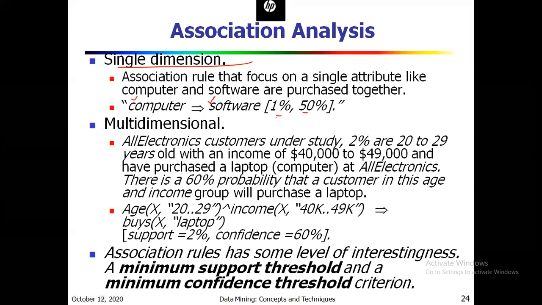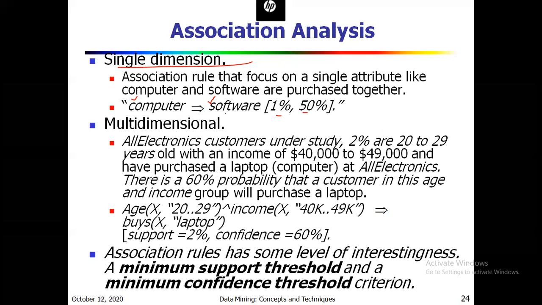Among all transactions, 1% are transactions in which computer and software are purchased together. And 50% confidence means there is a 50% probability that a person who buys the computer will also buy the software.